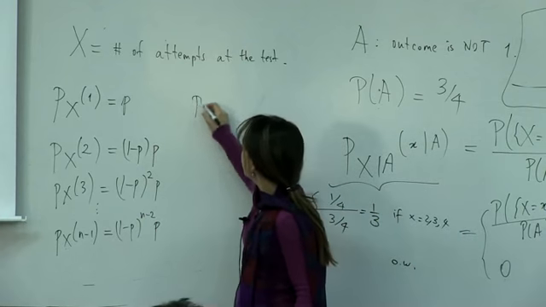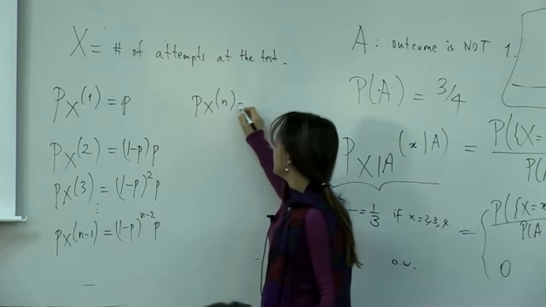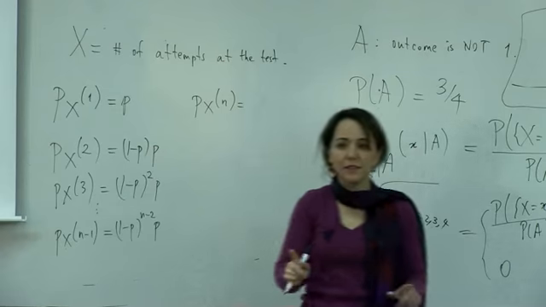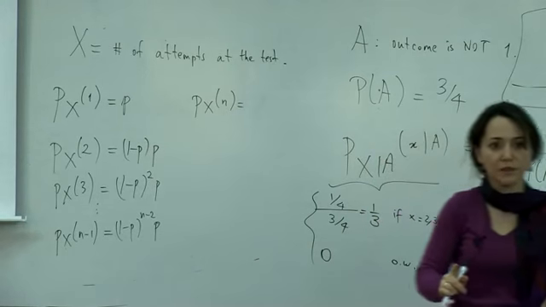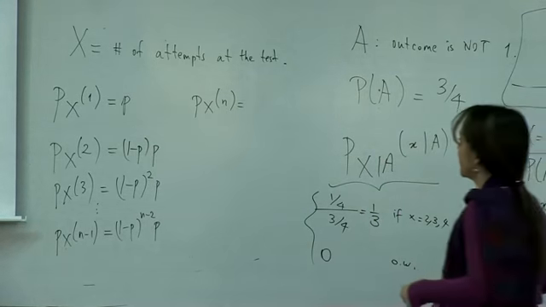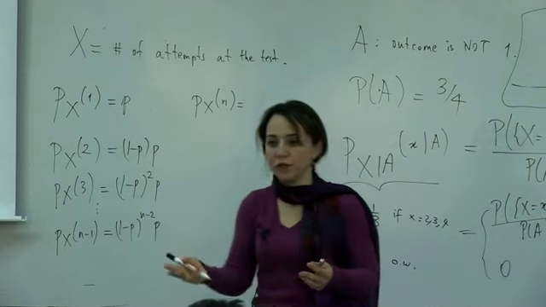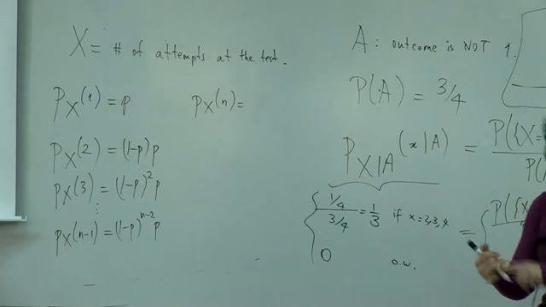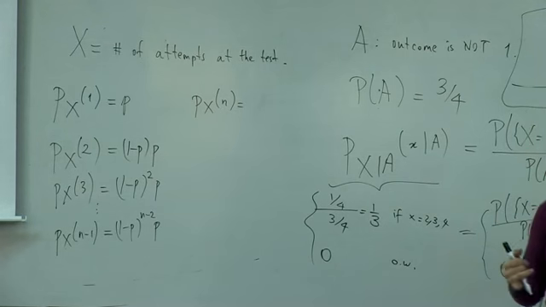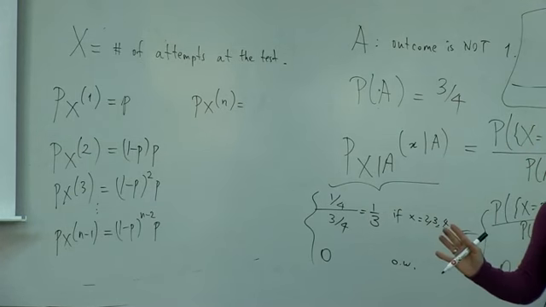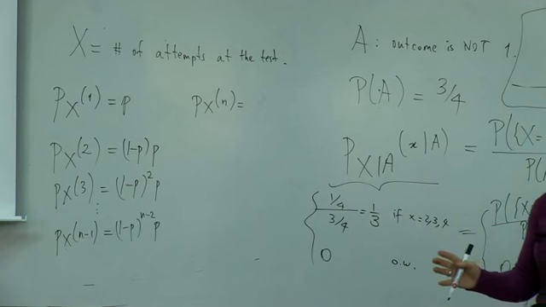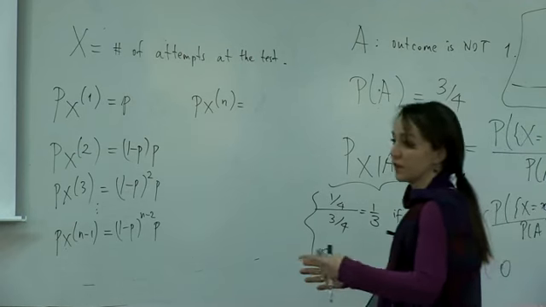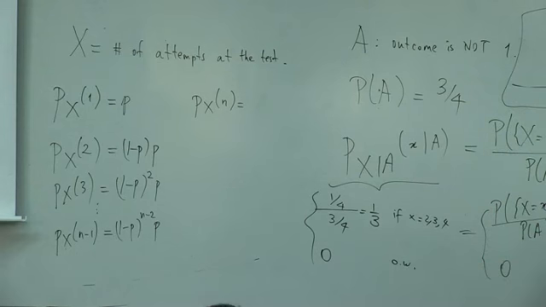What is the probability that he takes the test n times? Now, n is a little different because he will quit for 2 reasons. If he failed his first n minus 1 attempts and passes the nth time, he will win and stop. But if he fails for the nth time, he will again have to stop because he reached his limit.